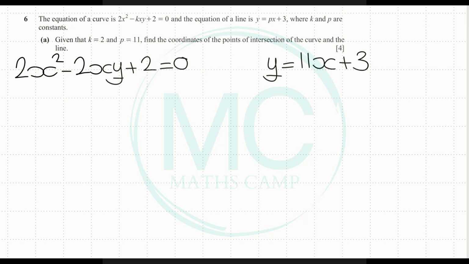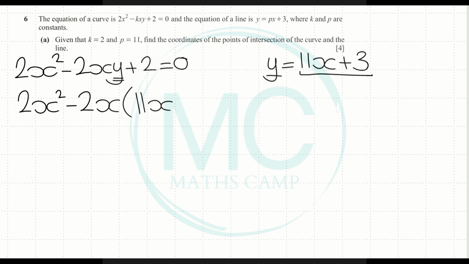So to solve for x, we can substitute 11x plus 3 into y over here. So we can say 2x squared minus 2x, open a bracket, the equation for the line, 11x plus 3, close the bracket, plus 2 is equal to 0.